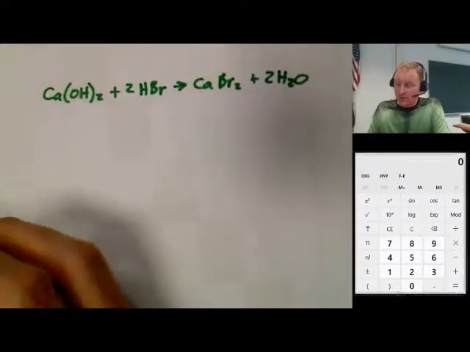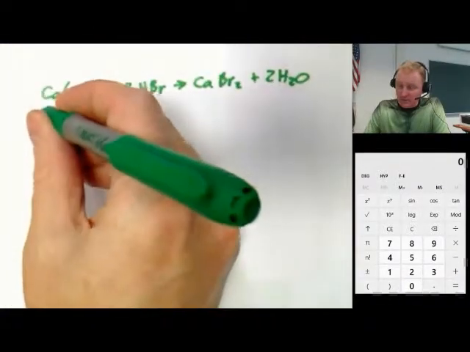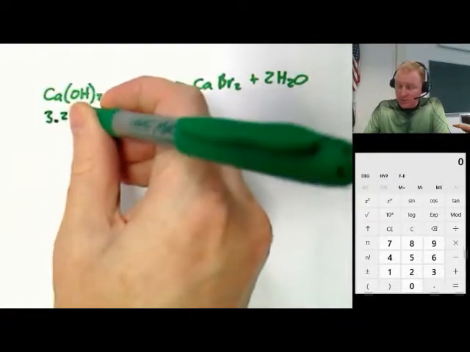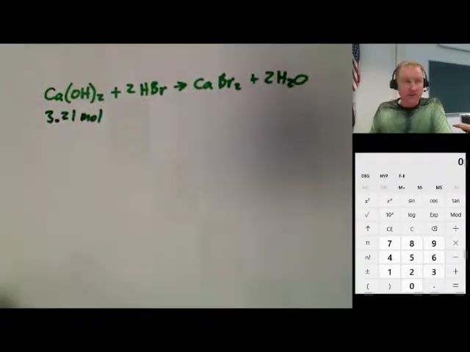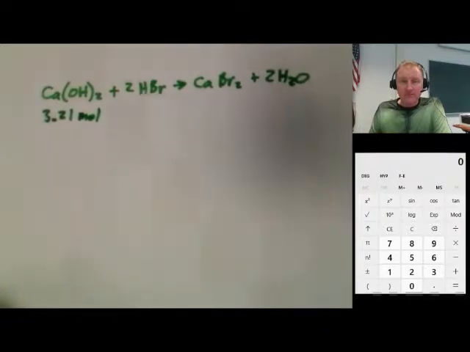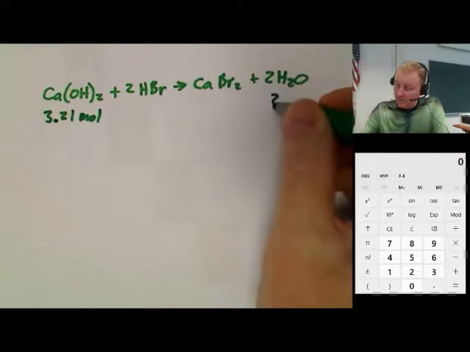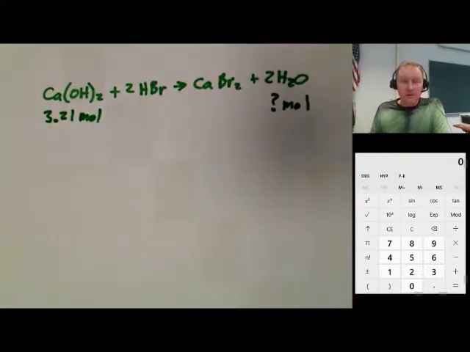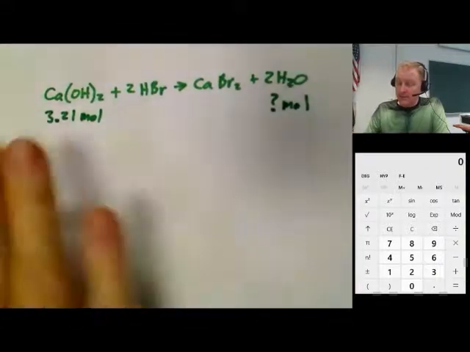The first problem says that we have 3.21 moles of calcium hydroxide, and it asks us how many moles of water would be produced. Okay, that's our setup.